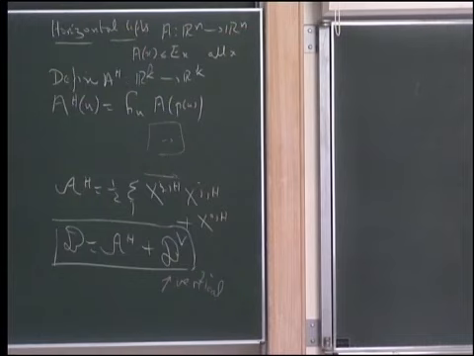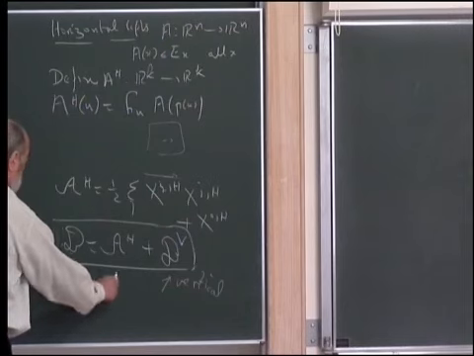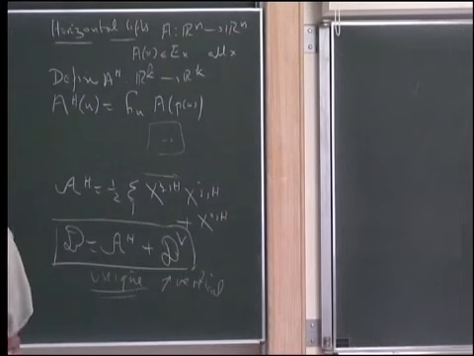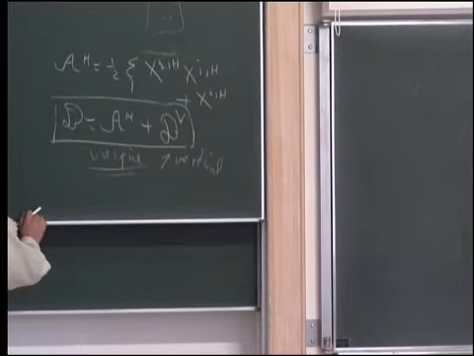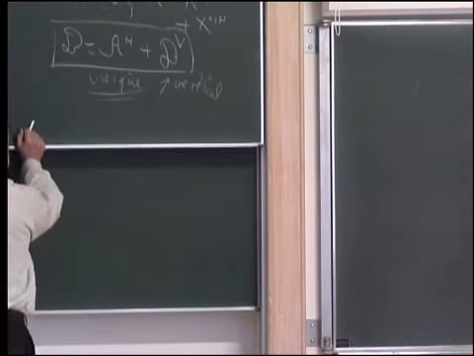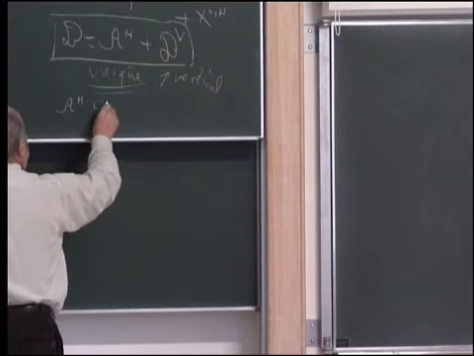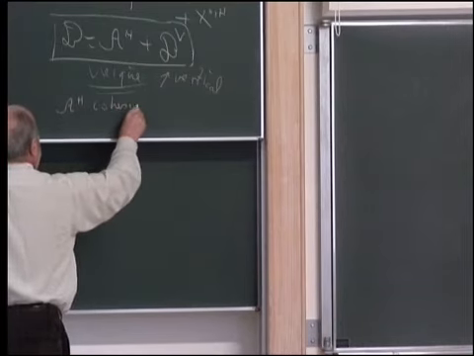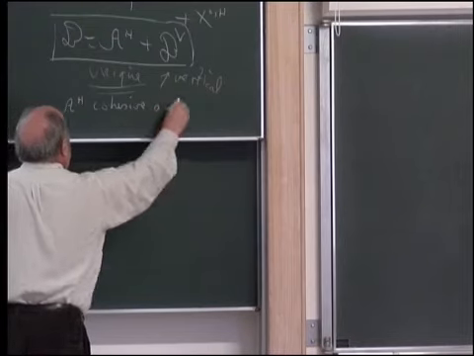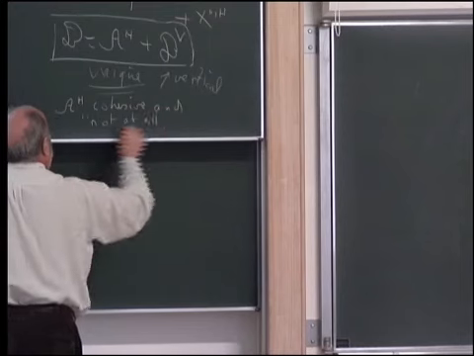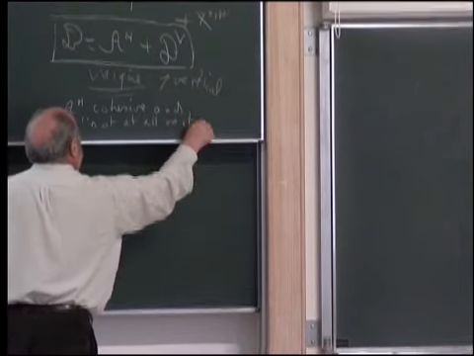It's canonical in the sense that this decomposition is unique. It's unique if we require that A^H is cohesive and not at all vertical, whatever that means, but one can make good sense of it.